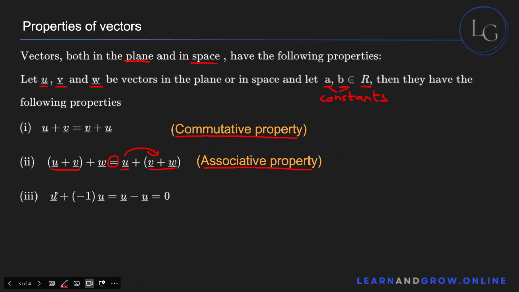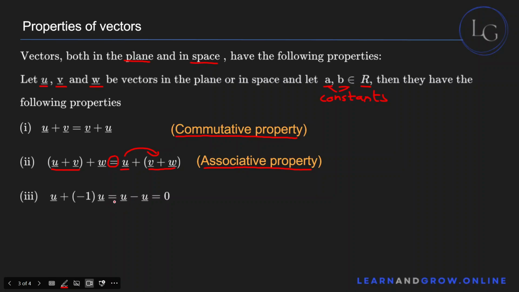Now, if you have a vector u and you add it to its negative vector, so negative u or -1 times u, that's equivalent to as if you subtract u from u.